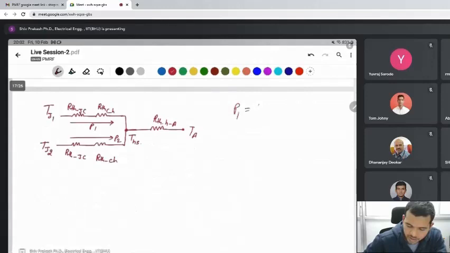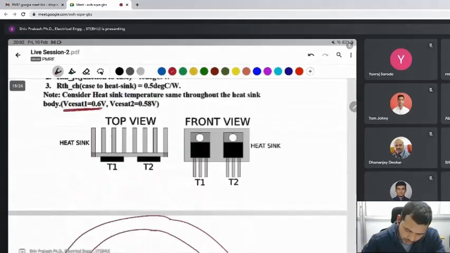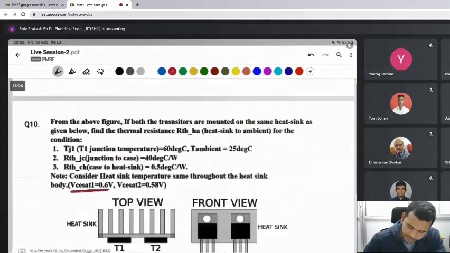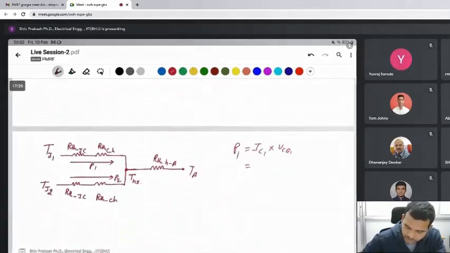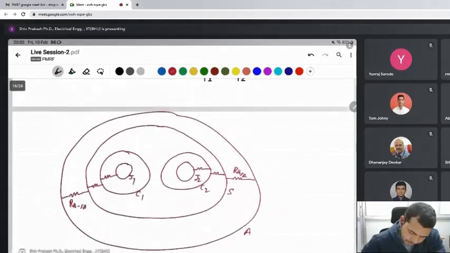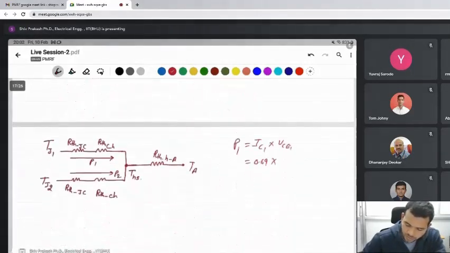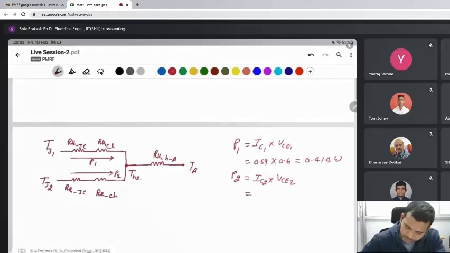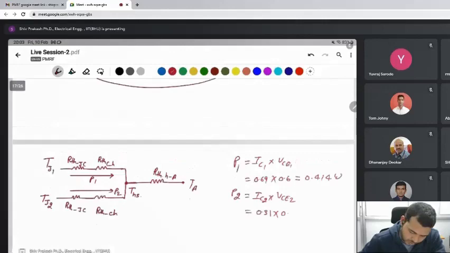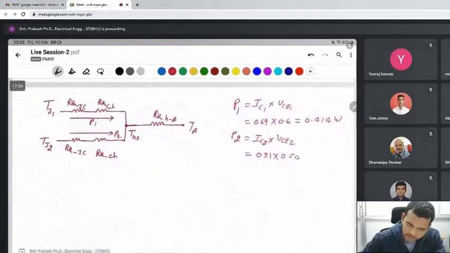Then the power is IC times VCE. IC1 is 0.69 ampere and VC1 is 0.6 volt, so 0.414 watt. P2 is 0.58. So we find P1 and P2.